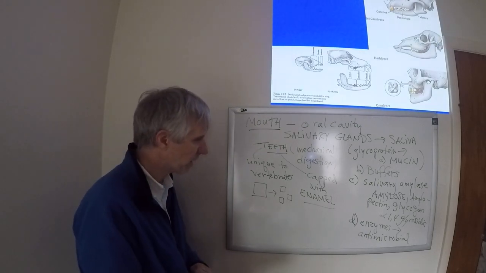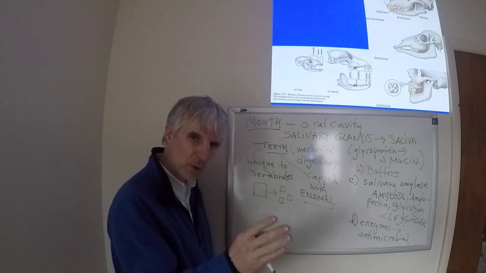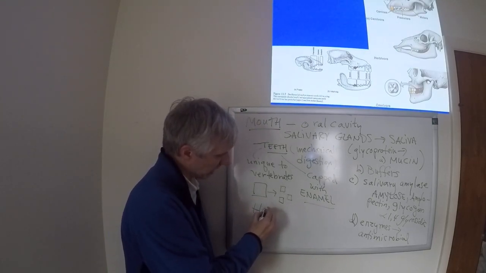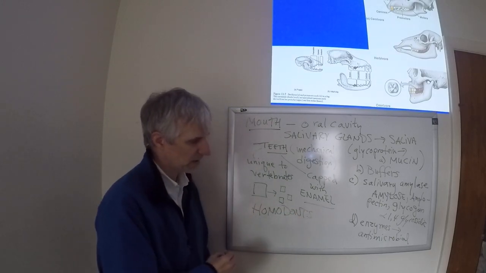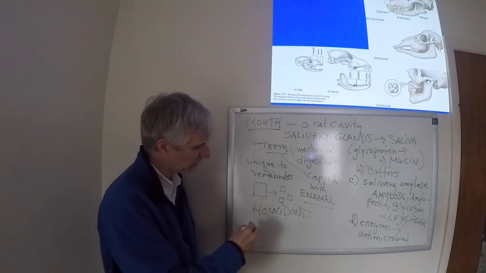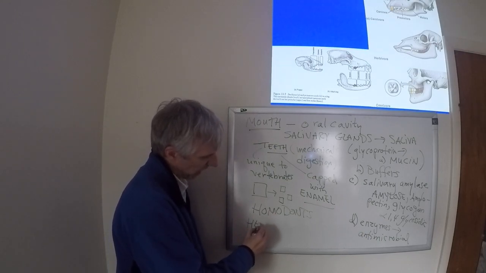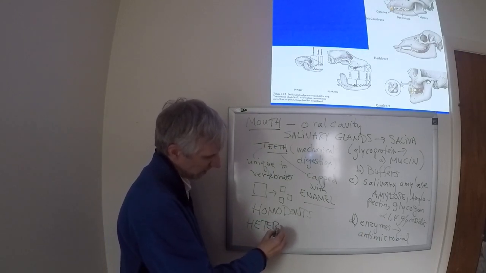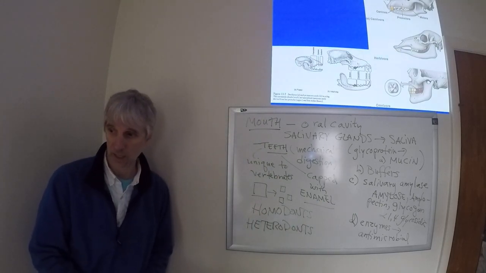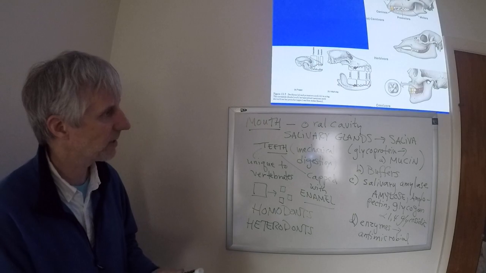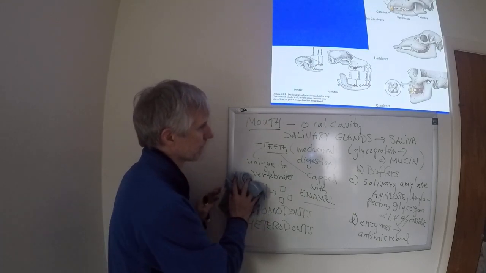In some vertebrates, they only have one tooth type. All the teeth look the same. These vertebrates are called the homodonts. This is everybody except the mammals. And then the mammals have different types of teeth, so they're referred to collectively as the heterodonts, because we make different types of teeth.